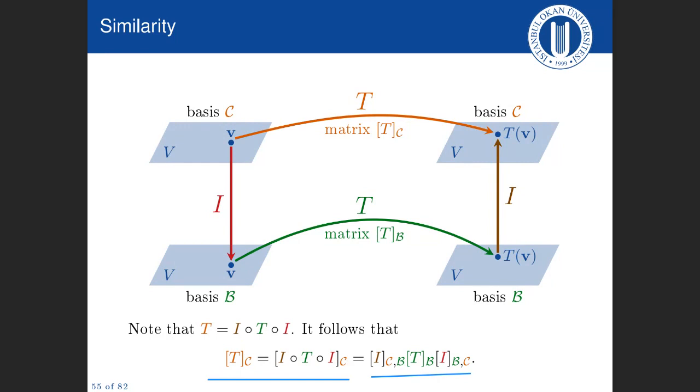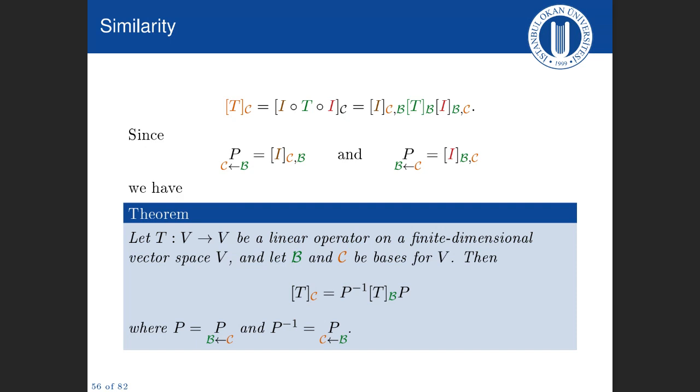So that's the matrix for the brown I with respect to the bases B and C multiplied by the matrix for the green T with respect to the basis B multiplied by the matrix for the red I with respect to the bases C, B. But remember, the matrix for the identity operator is just our transition matrix or our change of coordinates matrix. So that gives us this theorem.